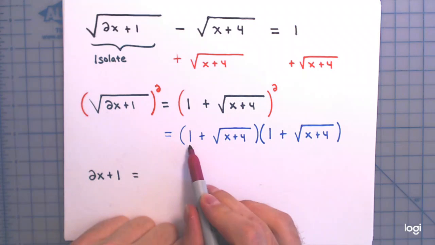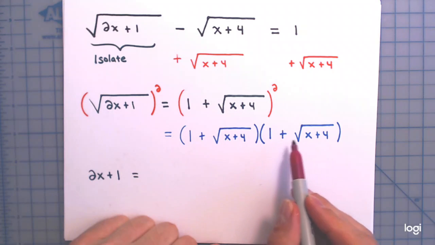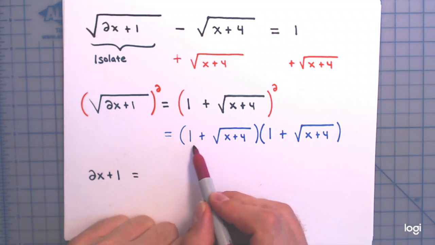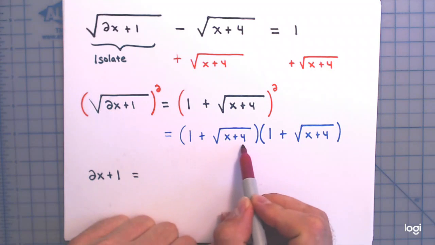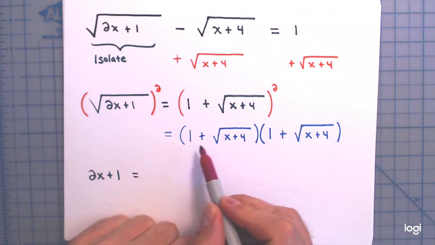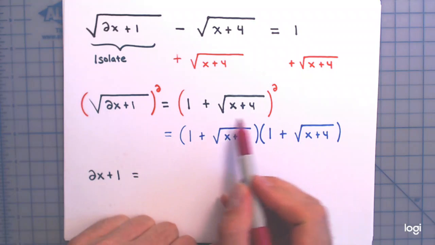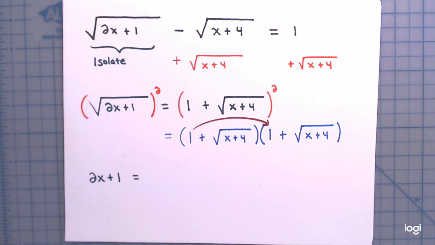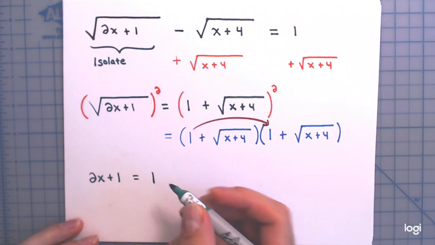I've got a two-term expression multiplied by another two-term expression, so I need to do a lot of distributing. First let's pick the expression in the first set of parentheses and distribute these terms to the other one. So 1 times 1, well, that's just 1. So I've got a term of 1 down here.